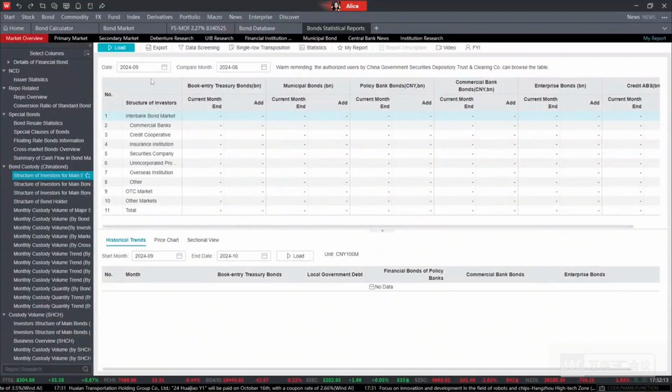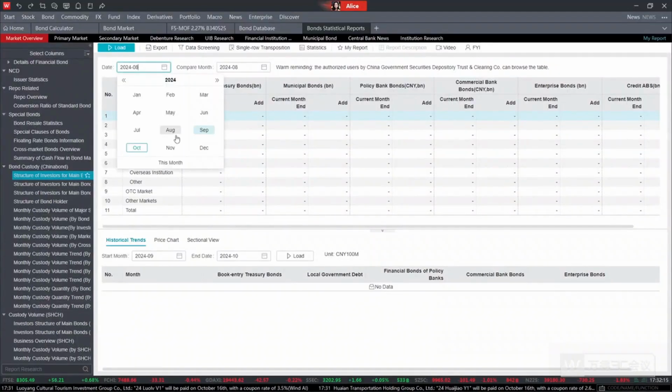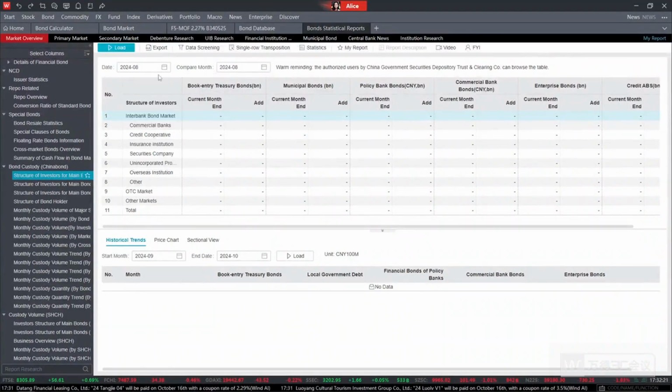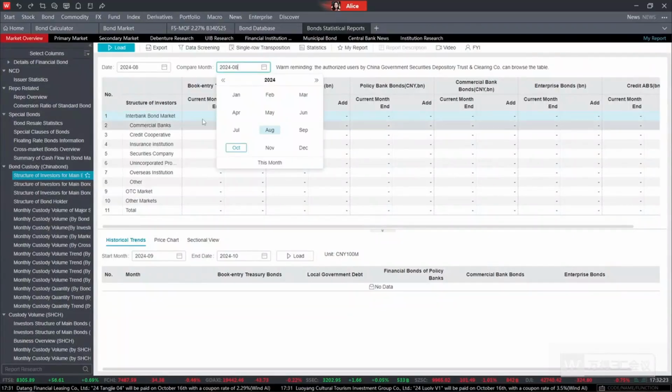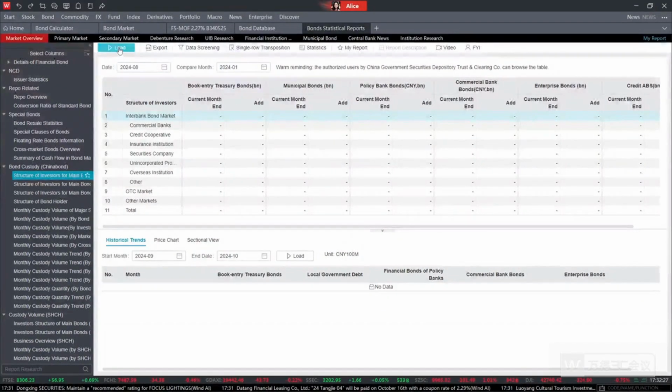So how can we get such data? It's pretty easy. First, we choose the month here. For example, we can choose August to compare with the beginning of the year, January, and then click the load button.